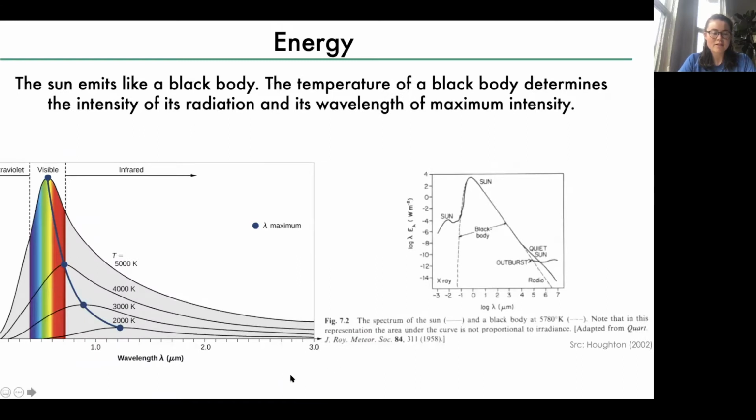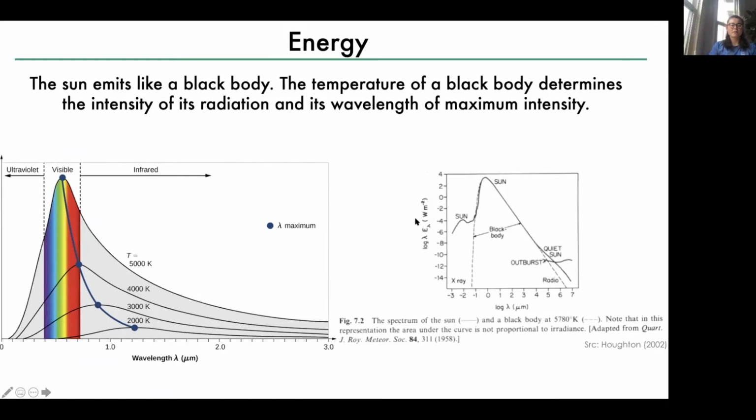And the sun emits like a black body, which is just something that absorbs and emits at all wavelengths. And so the temperature of a black body determines the radiation intensity of the energy that it emits, and also the wavelength of maximum intensity.